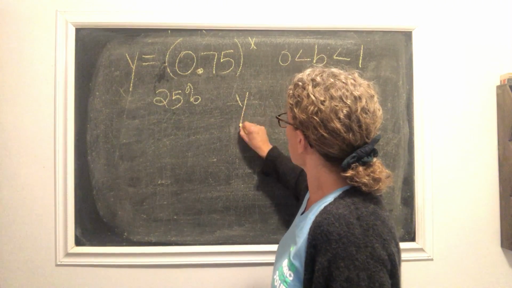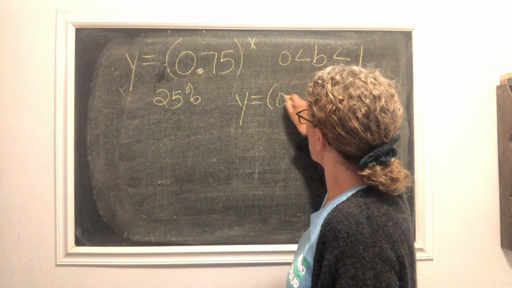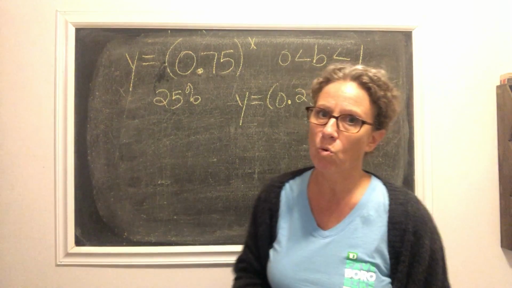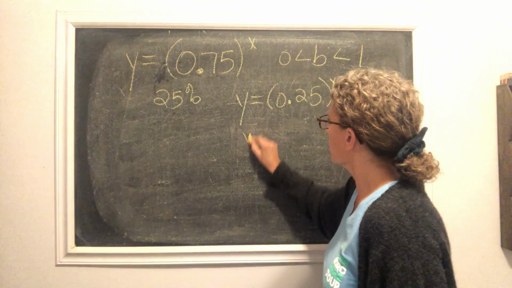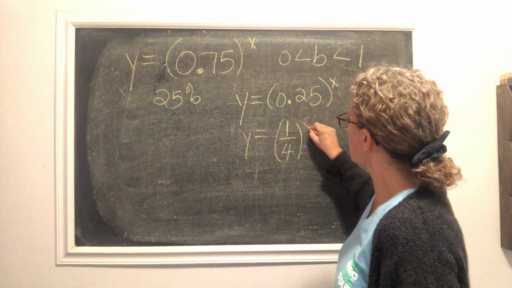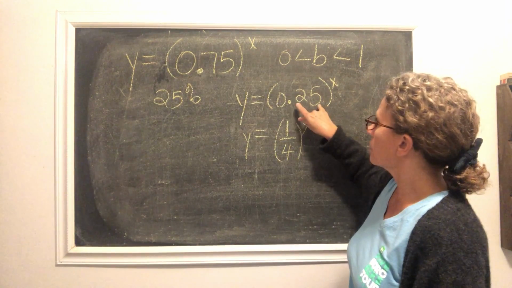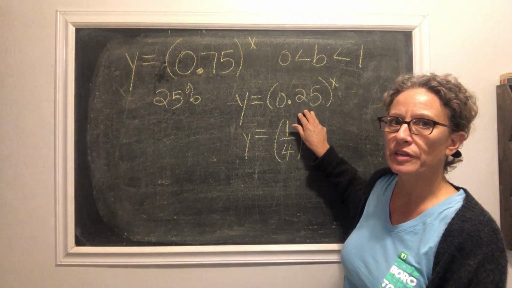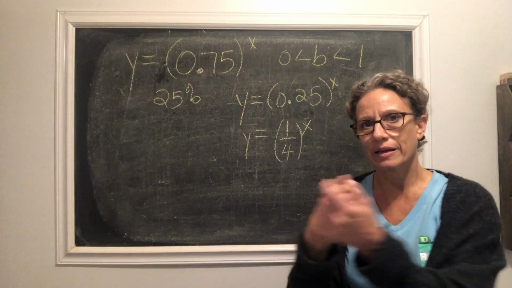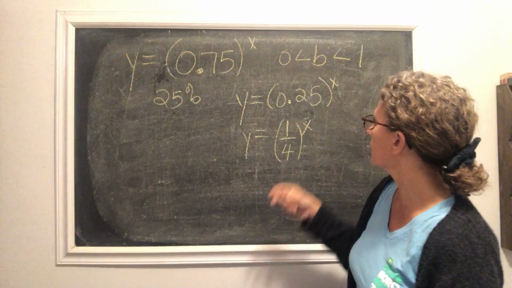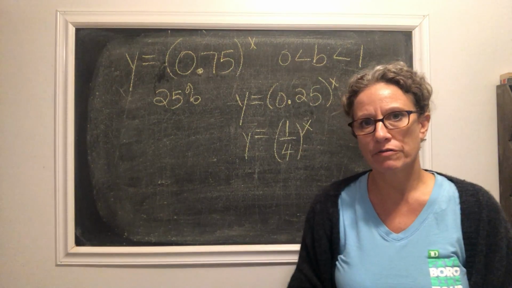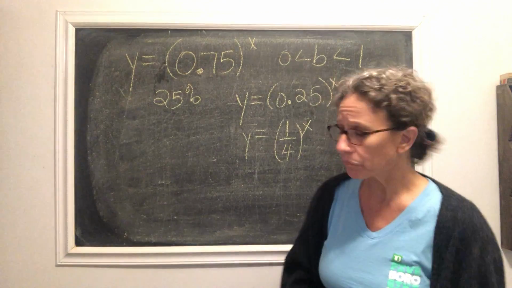If I have y equals 0.25 raised to the x, that would be 1/4, so I could also write it as 1/4 to the x. That means that 25% remains, so it has decayed by 75%. Again, 0.25 plus 0.75 have to together equal 1.